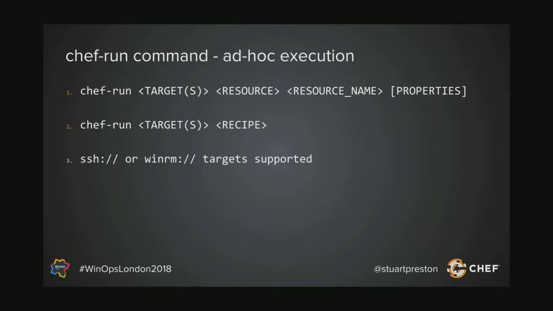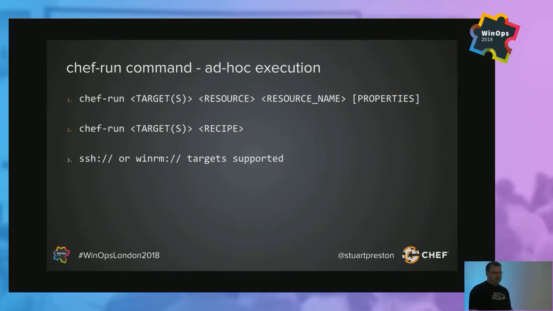Chef Run is a way of executing commands on a target node remotely in an ad hoc manner. You can take Chef Run, point it at a machine over SSH or WinRM.